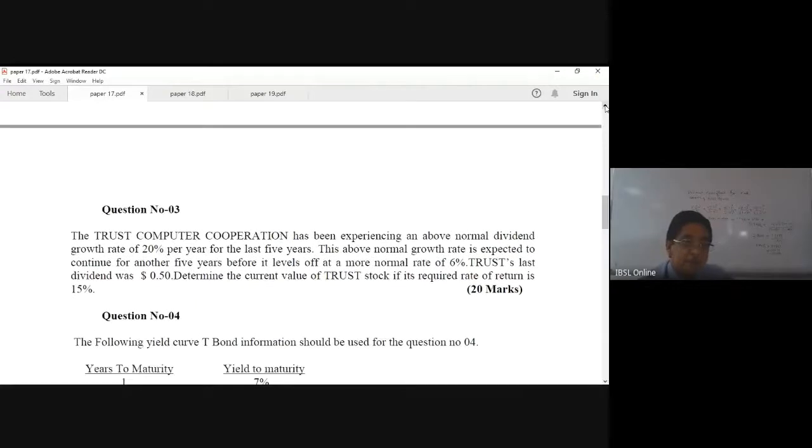So our attention has to go to this one, question number 3. The Trust Computer Corporation has experienced abnormal dividend growth. So that actually we have done, and I don't know whether anyone has been involved in that.